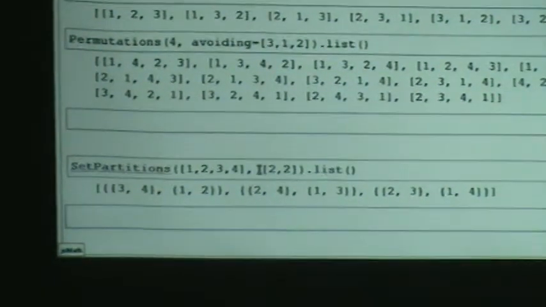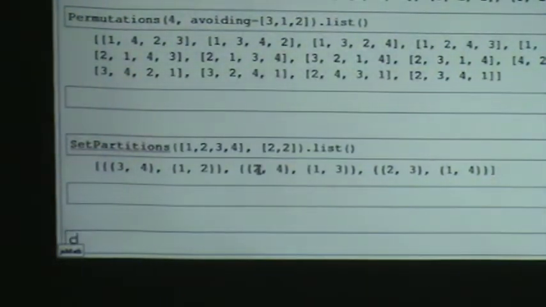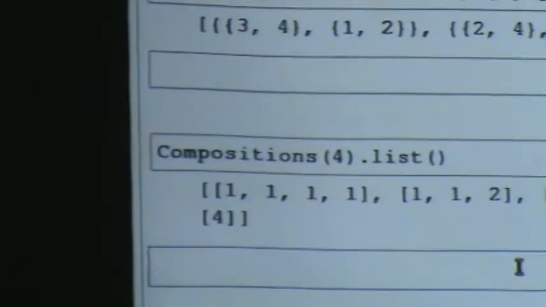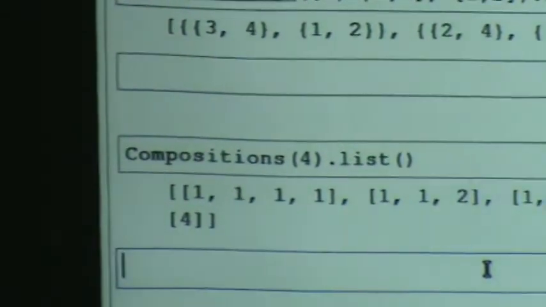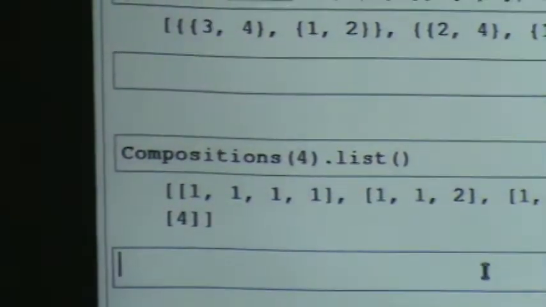There's quite a bit more you can do. You can generate all the compositions of 4. There they are. So there's a whole lot of functionality in Sage now for just working with these combinatorial objects.